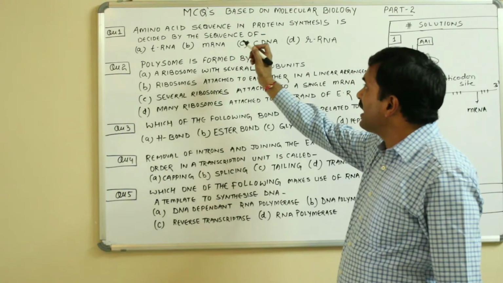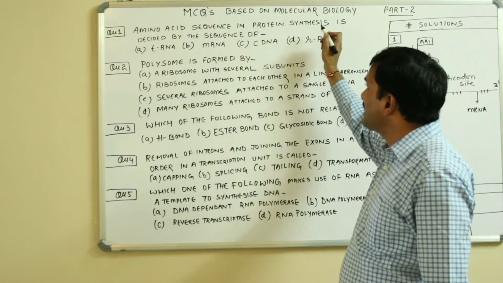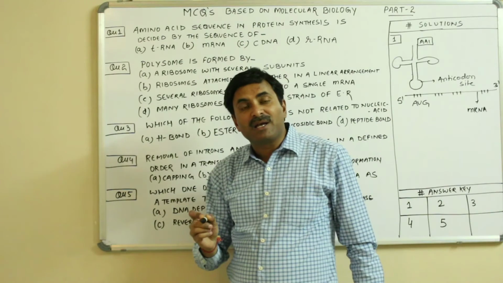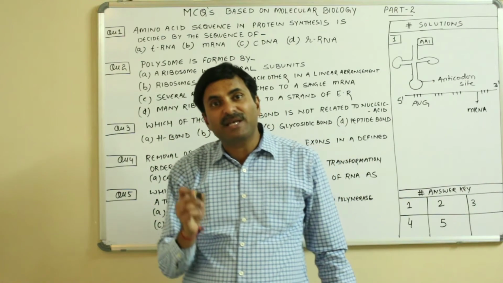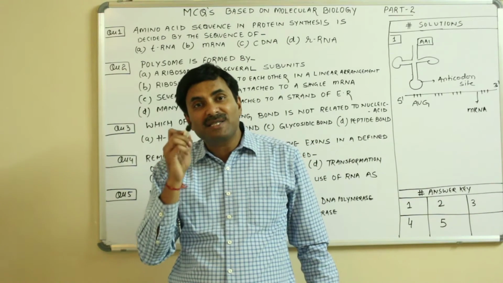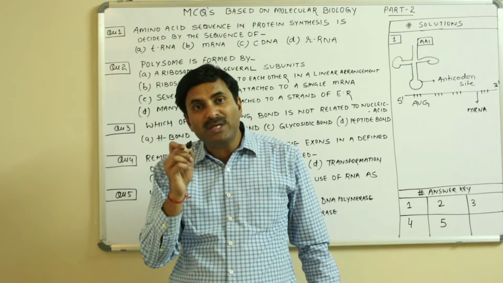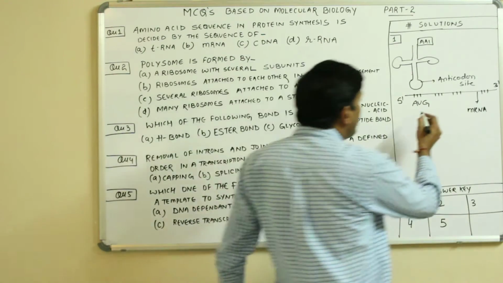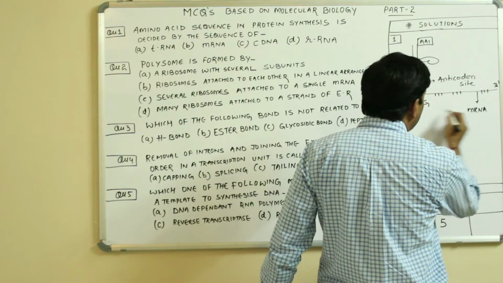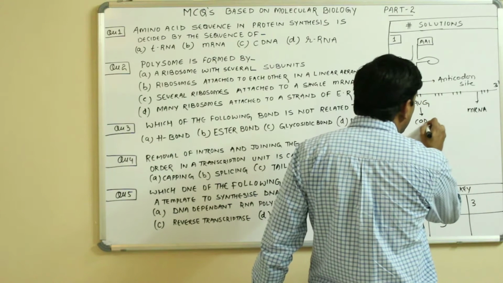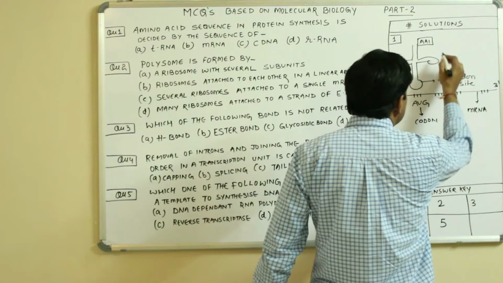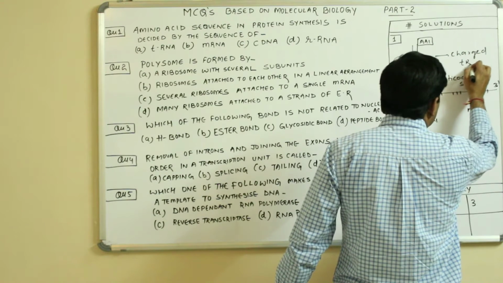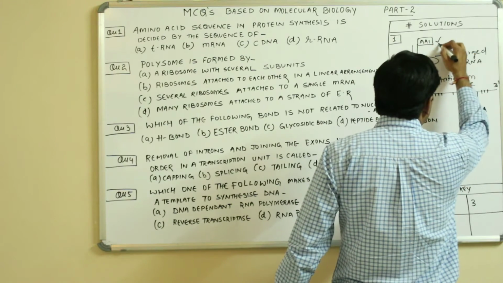The first question is: amino acid sequence in protein synthesis is decided by the sequence of. So always remember that the sequence of the amino acids in a protein chain is decided by the sequence of the codons found on the mRNA. Say, if this is the mRNA and this is the codon, and this is the charged tRNA, and the charged tRNA contains what?